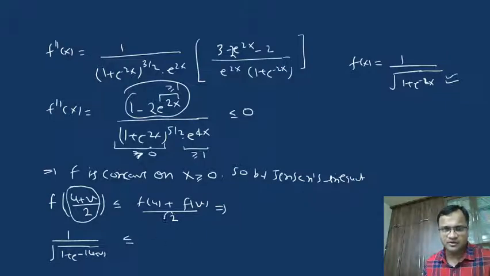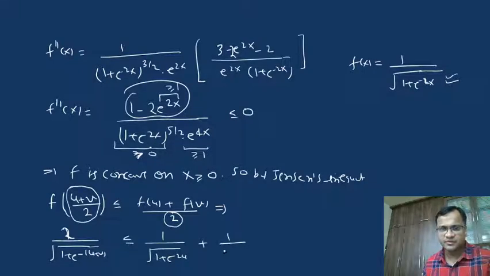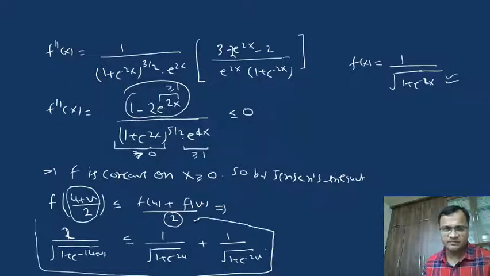It is better to replace this 2 on the left hand side. Okay, 2 upon this is less than or equal to 1 upon root under 1 plus e power minus 2a plus 1 upon root under 1 plus e to the power minus 2b. Hence proved.